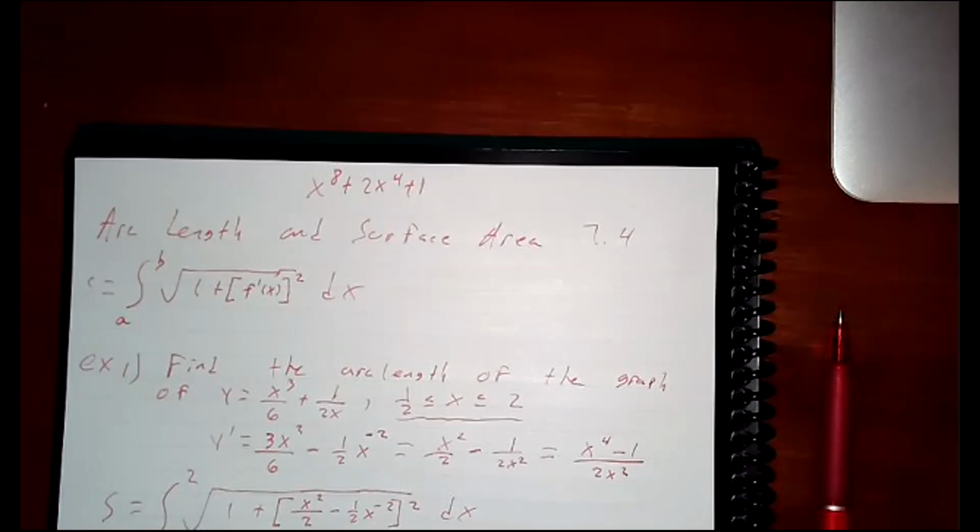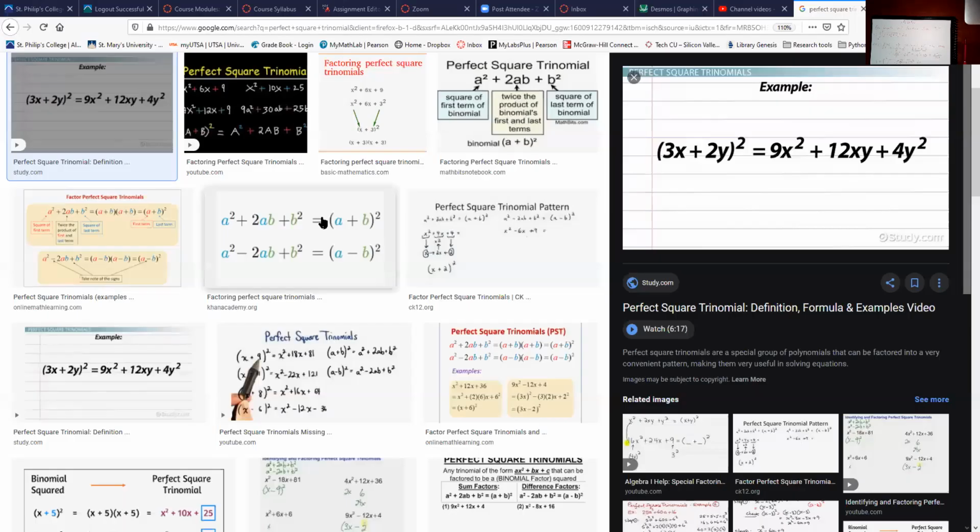Let me share my screen with you. So this is the formula: a squared plus 2ab plus b squared. As long as the first one is a squared term and the last one is a squared term, most likely you can apply the formula, but you should always check there's 2ab there.